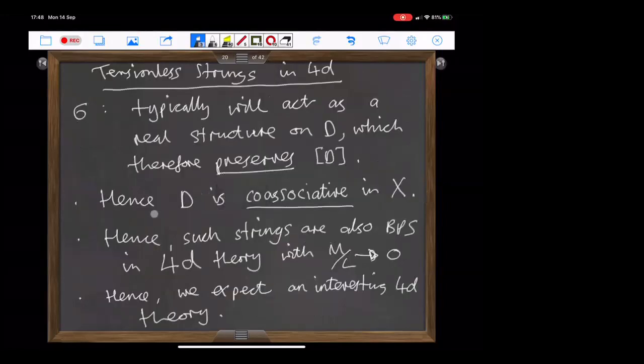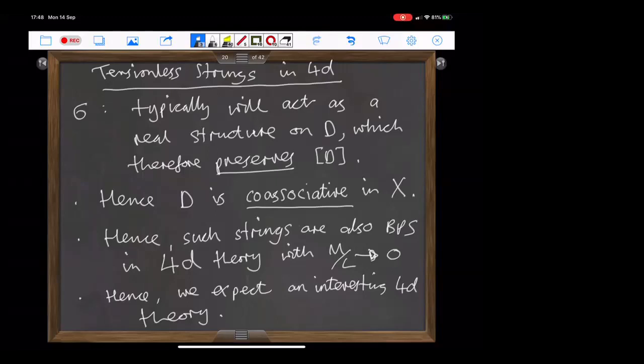Now, there's an analogous statement one can make for the G2 case. So now we're modding out by this anti-holomorphic involution. Well, typically, though probably not generally, typically sigma will act as a real structure on these divisors. And now the complex conjugation of the divisor, given its dimension, says that the orientation is actually preserved. So the actual homology class of D will typically be preserved in the quotient.